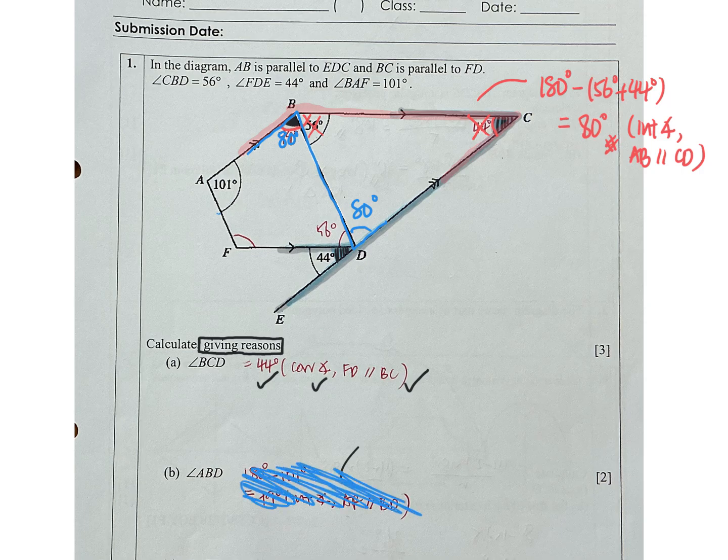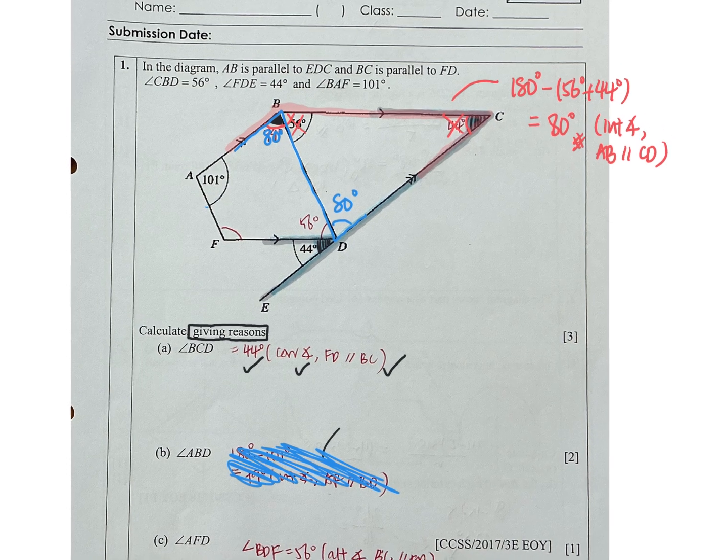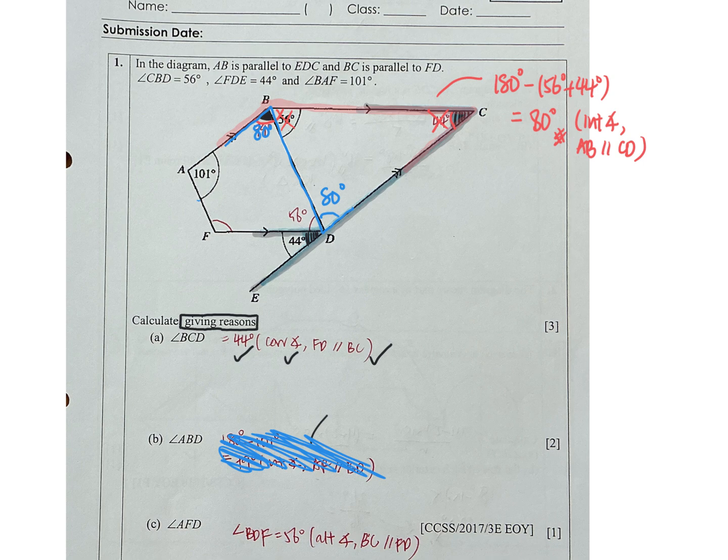Because they didn't tell us that this is parallel, we cannot say this is interior. So the answer is 80. You can also tell me angle ABD is 80 because of alternate angles, AB parallel to DC.